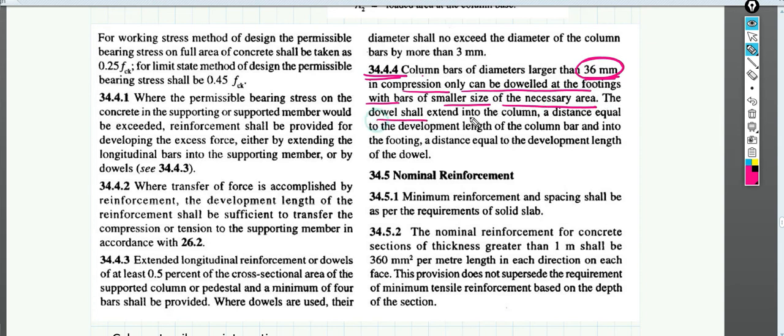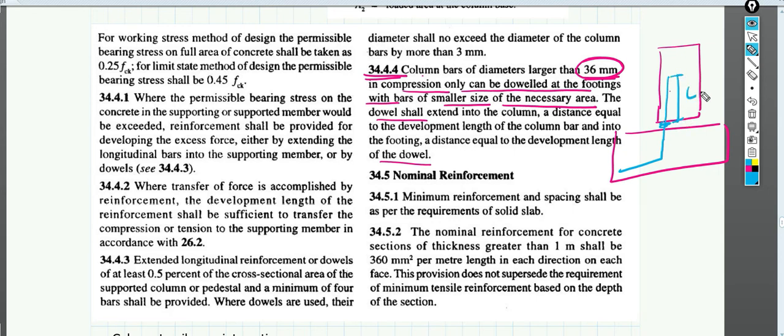The dowel shall extend into the column a distance equal to the development length of the column bar and into the footing a distance equal to the development length of the dowel. That means if the column bar diameter is more than 36 mm, whatever dowel bar you are providing, this length should be equal to Ld as well as this length should be equal to Ld.